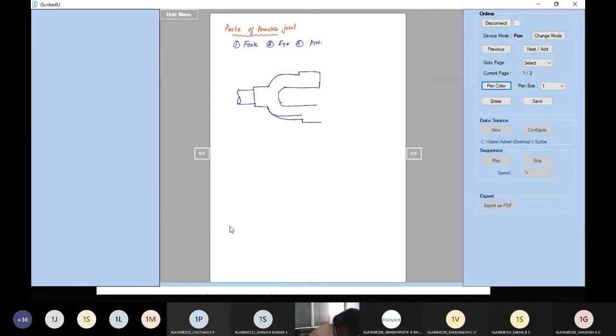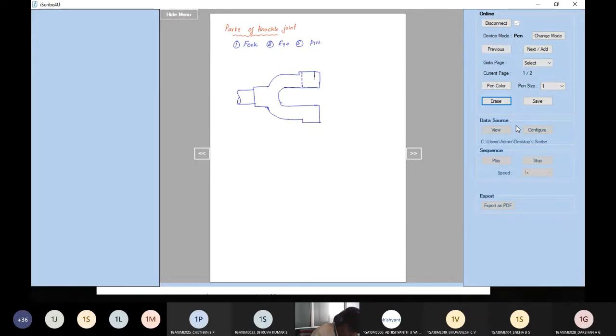So once again, this is the shape of the fork, and this is the shaft which you have. Now here, in this part, there will be a small hole created.